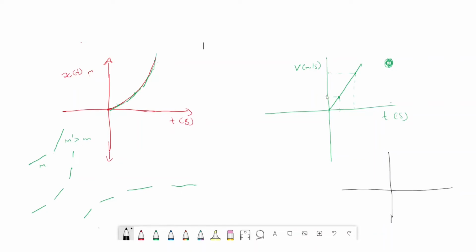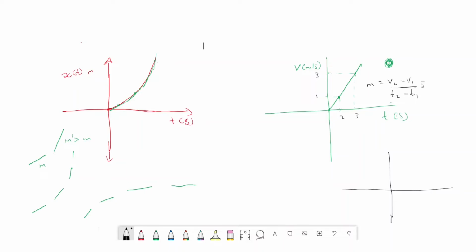Let me say the value of time here is 2, and the time here is 3, and the velocity here is 1, and here it is 3, for instance. The slope is going to be m equals v2 minus v1, divided by t2 minus t1.